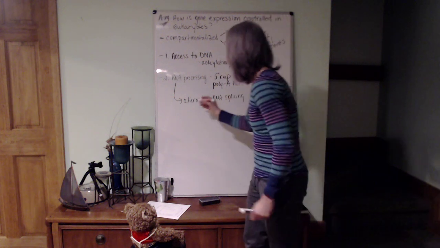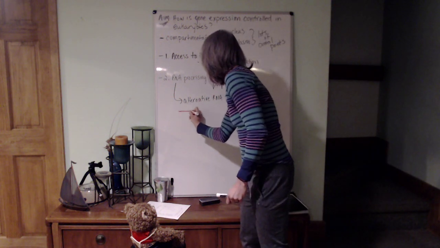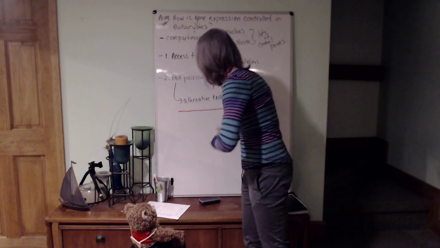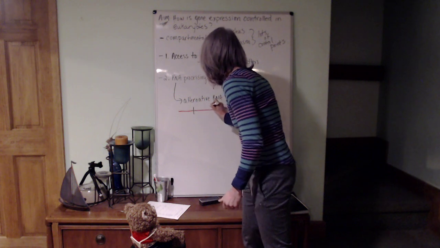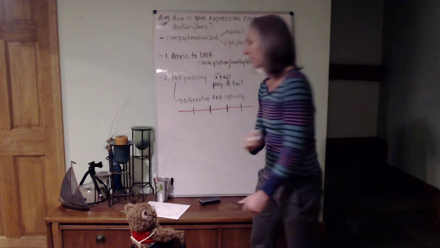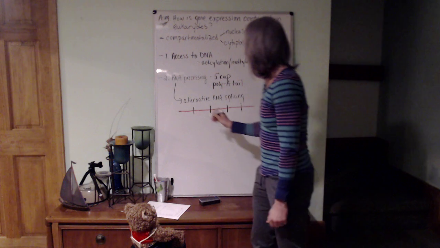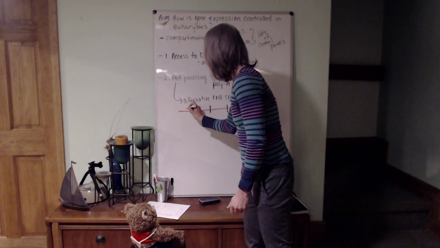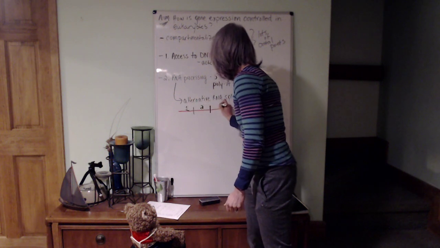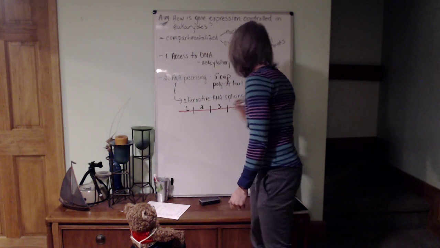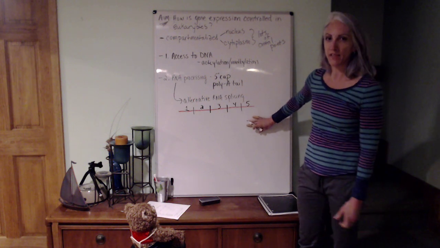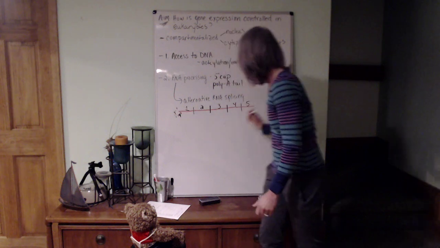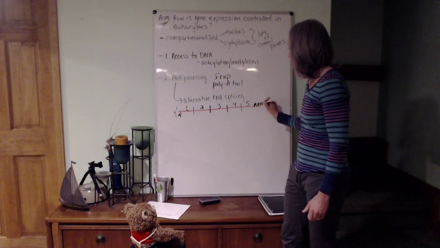So let's say we've got, I'll do a line here. Here's your transcript, and I'm going to divide that up and number it out like this. So this will be for gene exon 1, this is 2, 3, 4, and 5. Those all represent the exons. And of course, you've got your 5' cap and your poly A tail.